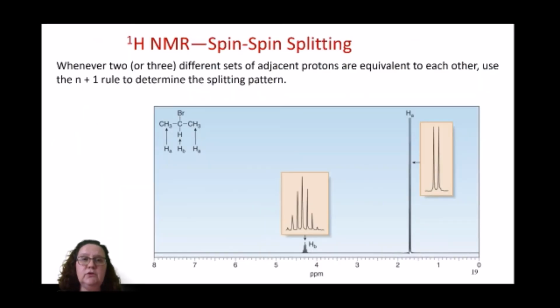Let's continue looking at the splitting of the peaks, what we call spin splitting. Remember, the position of the peak tells you about that hydrogen or set of hydrogens that are chemically equivalent. The splitting tells us information about the hydrogens in neighboring carbons. If we look at this compound, we can see that there are two types of hydrogens that are chemically non-equivalent.